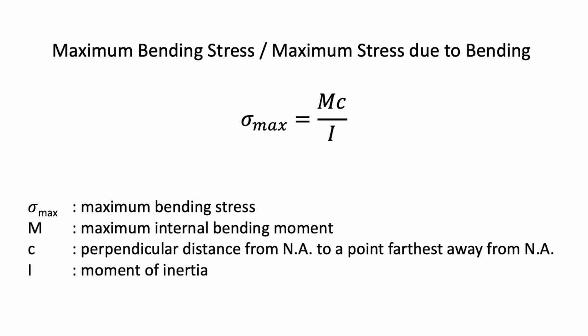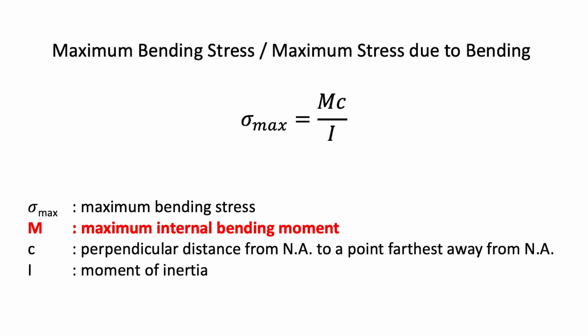The formula for maximum bending stress is sigma max equals Mc over I, where sigma max is the maximum bending stress, M is the maximum internal bending moment, c is the perpendicular distance from the neutral axis to the point farthest away from the neutral axis, and I is the moment of inertia. The detail on this formula will be explained in the next video.